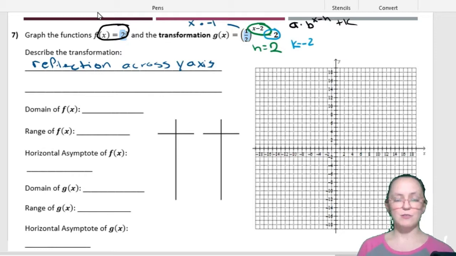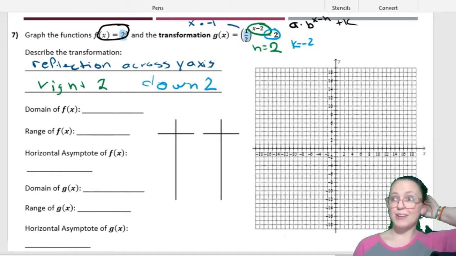That h of 2 says it's going to go right 2. And then our k says it's going to go down 2.